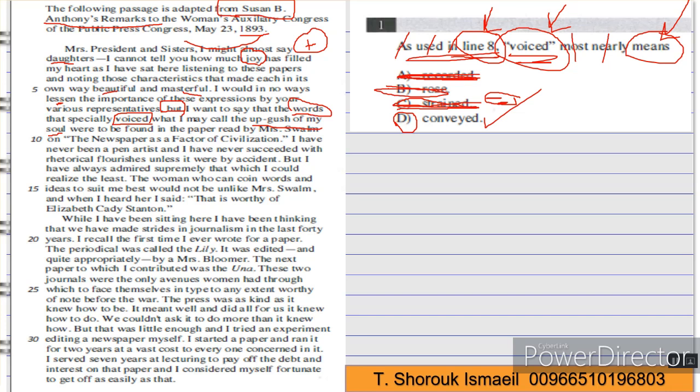Let's plug it in: the words that specially conveyed, expressed what I may call the upgush of my soul were to be found in the paper read by Mrs. Swan. Does it fit? Yes, it fits perfectly. So this is the right one that I need. So my answer choice is convey.